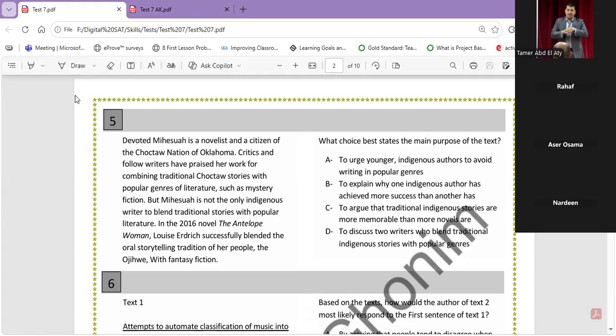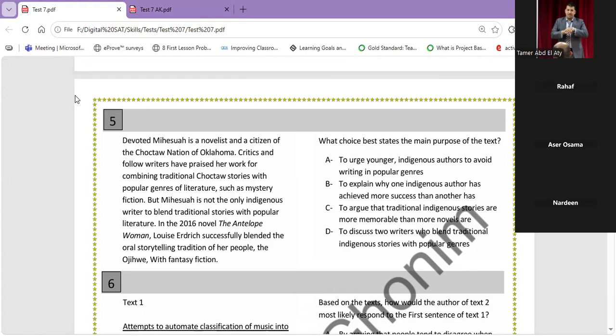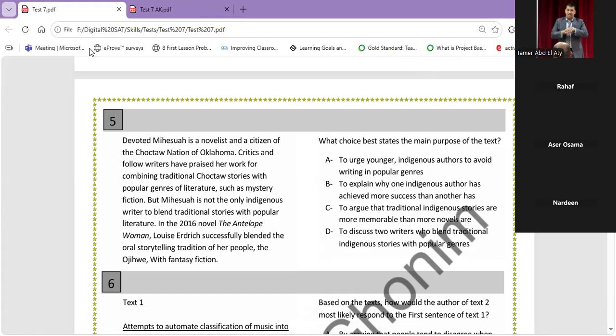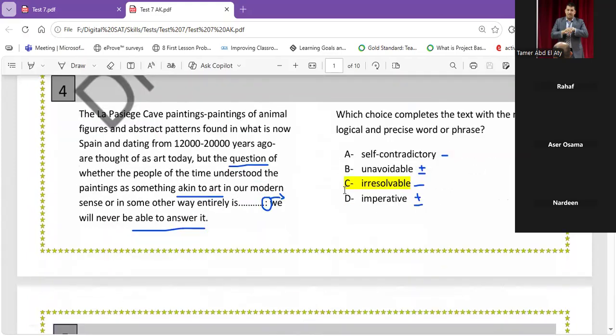I'm still waiting for Aser, Ali Swalem, and Rahaf. I'm sorry, Rahaf wrote it before. Unfortunately, we have only one that got this wrong. Ali Swalem, concentrate with me and all of you also.